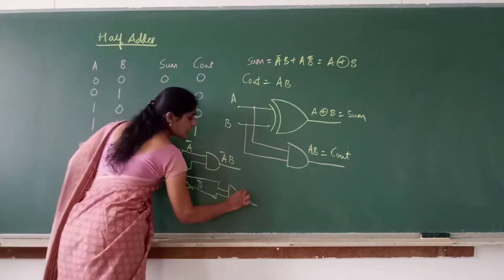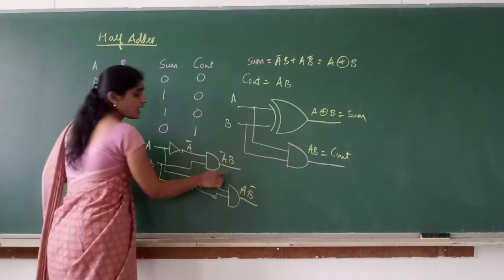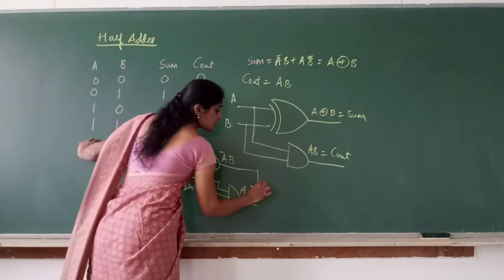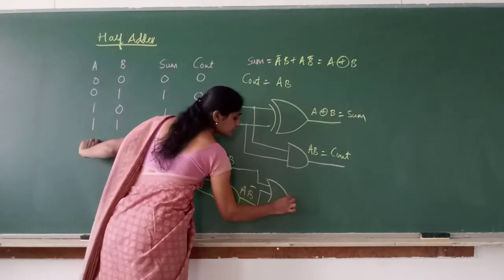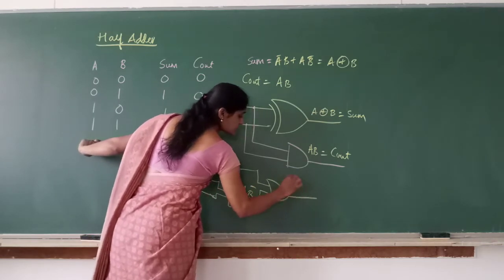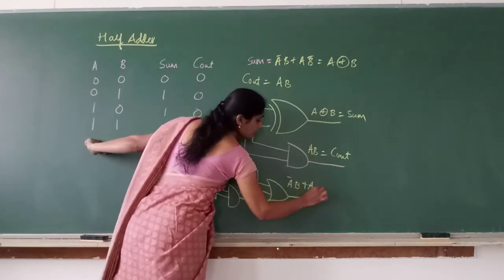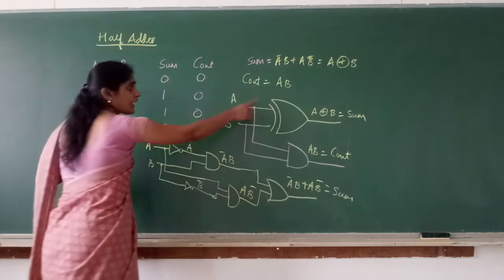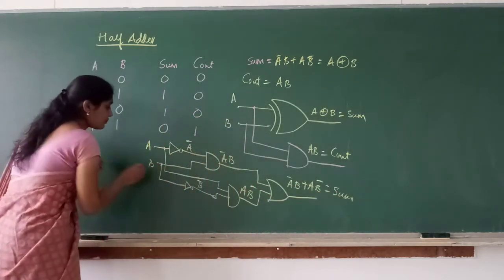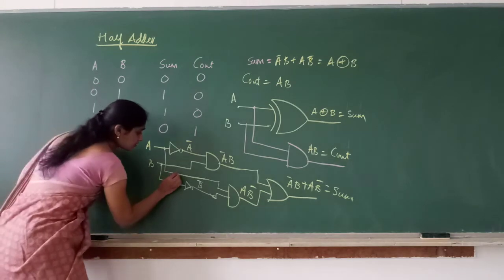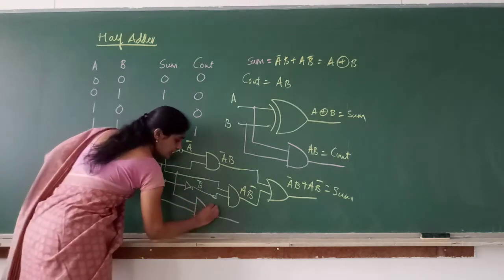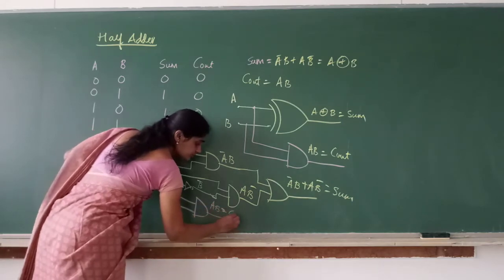So we have A bar B and A B bar. Between these is plus, so give this to an OR gate. So now this is A bar B plus A B bar, which is nothing but sum. What is carry out? Carry out is AB. So this is A, this is B, give this to an AND gate. So this is AB, which is nothing but C out.